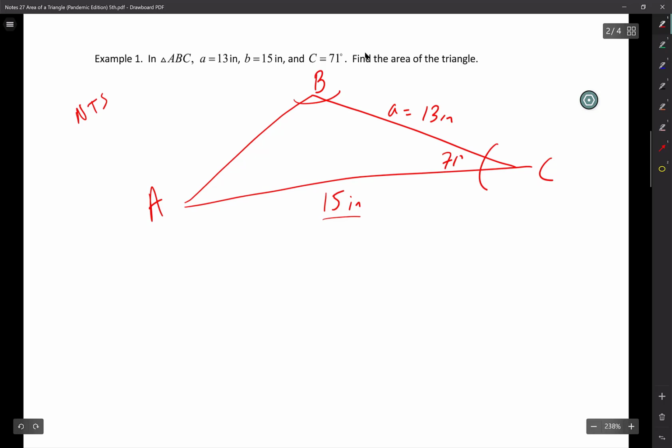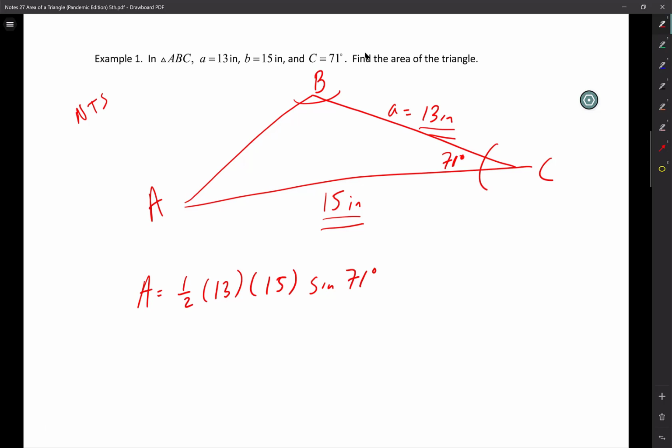Notice that I have the 15 and the 13, and I have the included angle 71 degrees. You have everything you need, guys. Area is 1/2 times 13 times 15 times sine 71 degrees. You're literally going to type that into your calculator verbatim like that, guys.